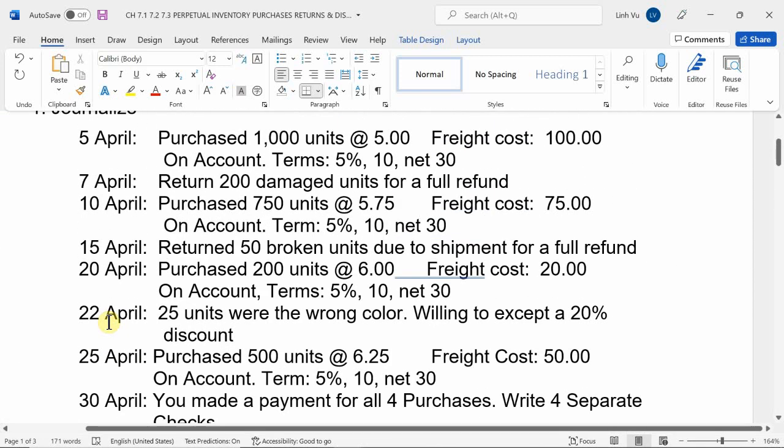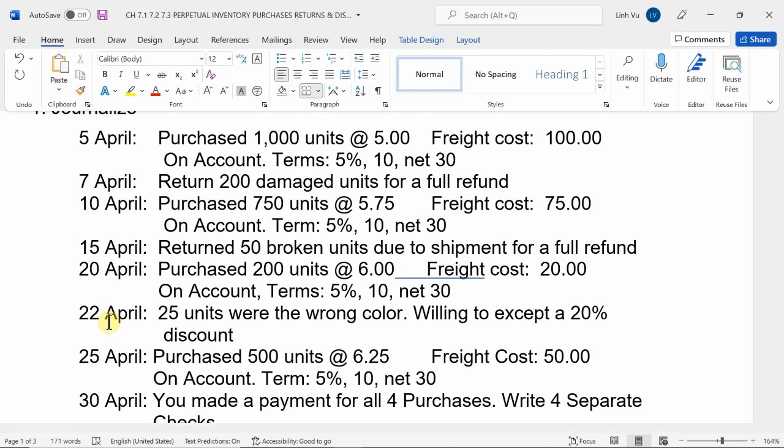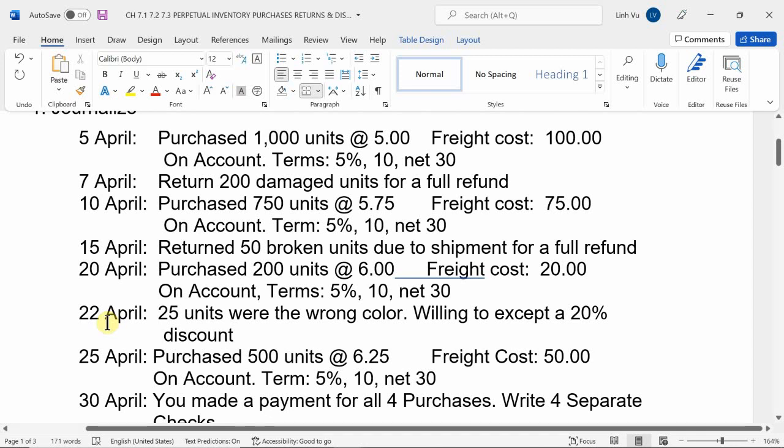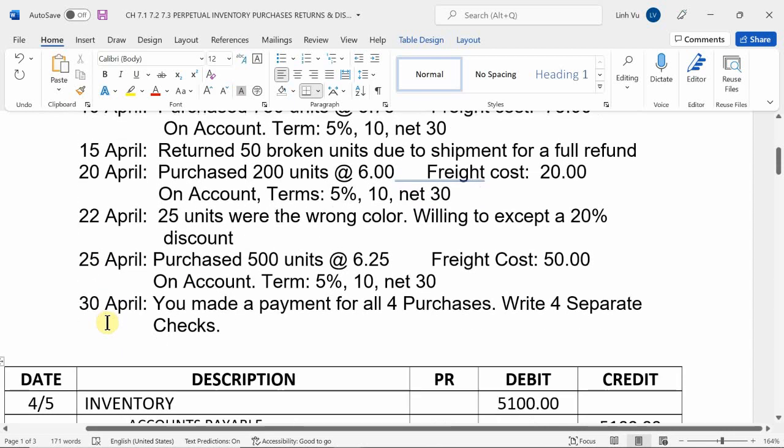All right, so then April 10, I end up purchasing 750 units at $5.75 each with a freight of 75, on account. Terms are 5%, 10, net 30. So how do I record this purchase on April 10?